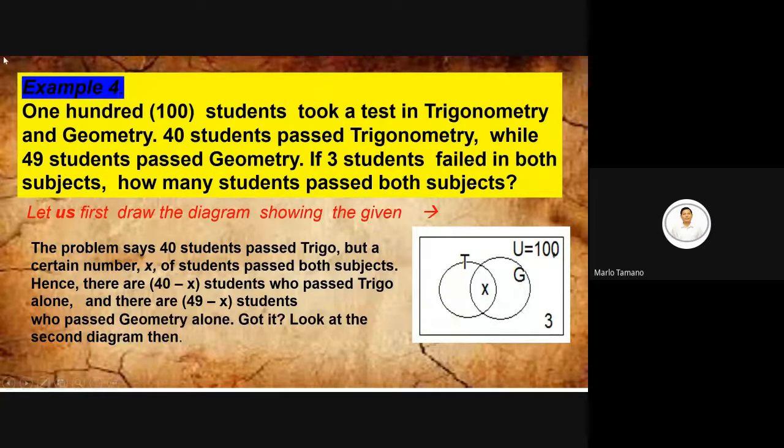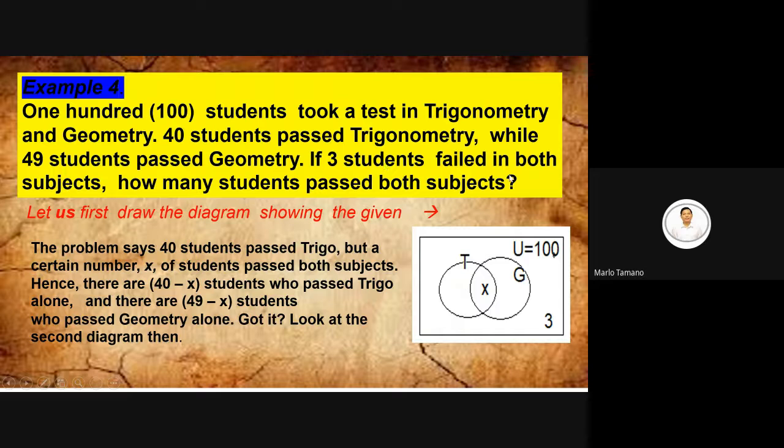Tandaan, 40 students passed trigonometry, kasama na po yung x. Okay? 40. Tapos dito naman 49, kasama na yung x. Yung x kasi ay pumasa sa trigonometry, pumasa rin siya sa geometry.